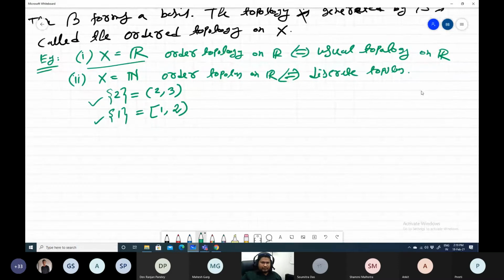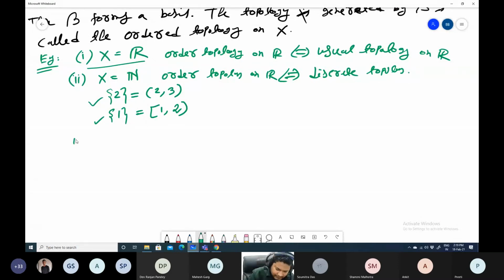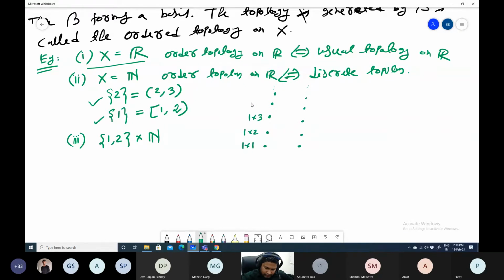Now tell me, this is a little bit different. Say {1, 2} cross N. So that means in this way it is going: 1 cross 1, 1 cross 2, 1 cross 3, 1 cross 4, and then 2 cross 1, 2 cross 2, 2 cross 3, 2 cross 4, and so on.